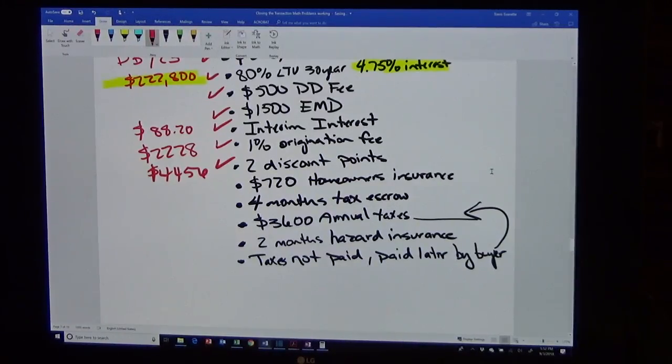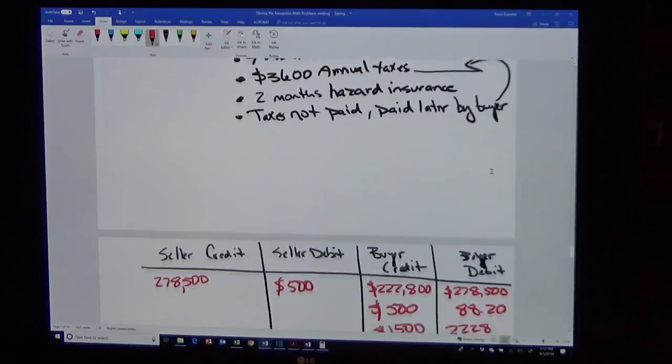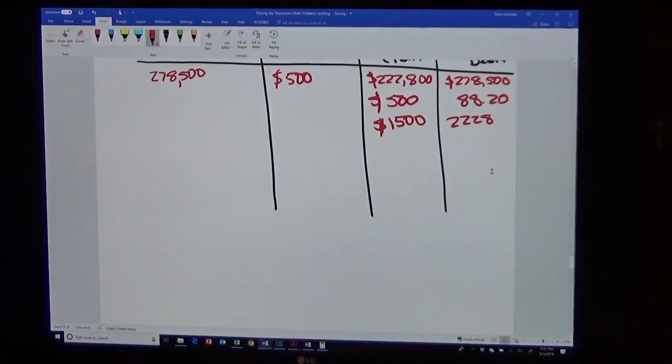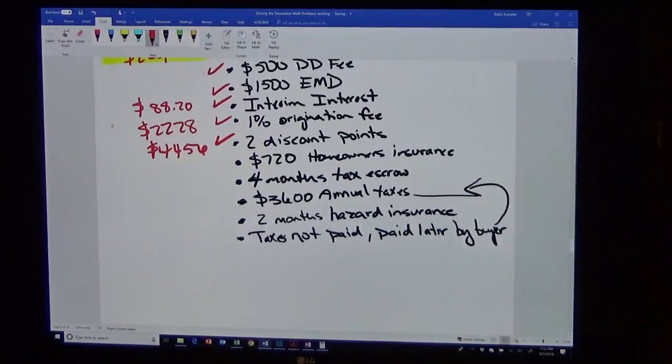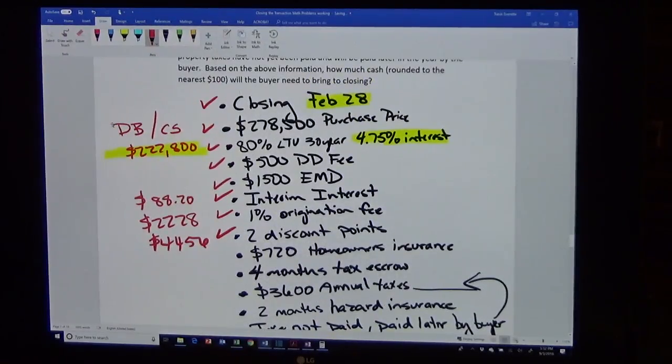So we're going to scroll down here and put $44.56 in the buyer debit column for the discount points. So again, none of this math is hard. It's just a matter of going through it one slow step at a time.